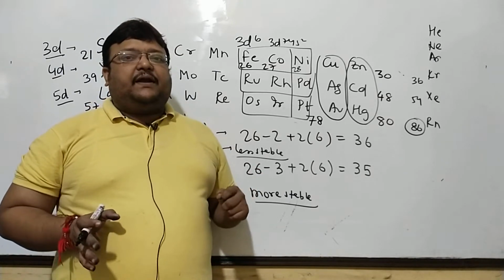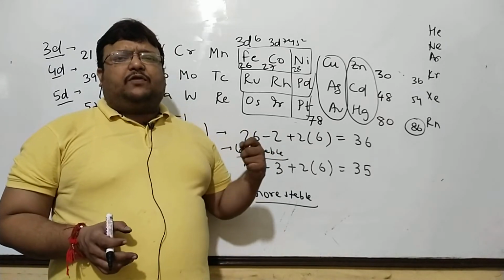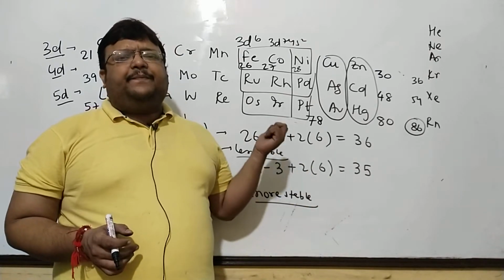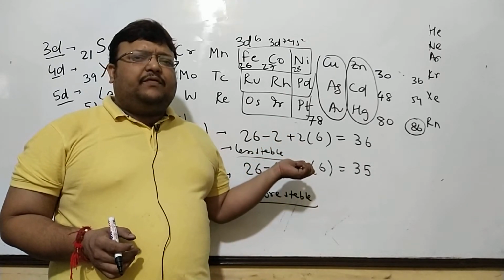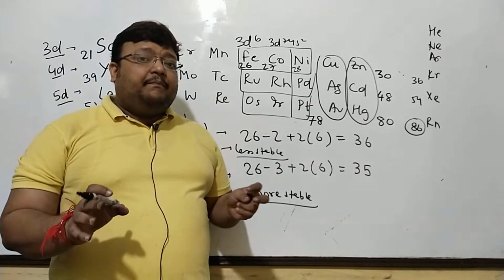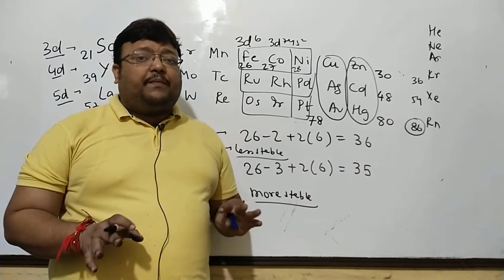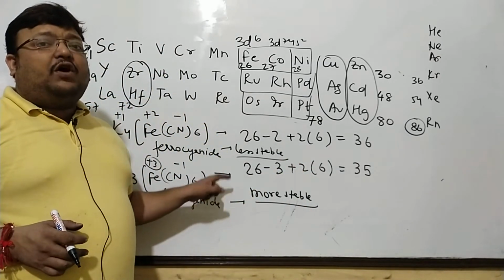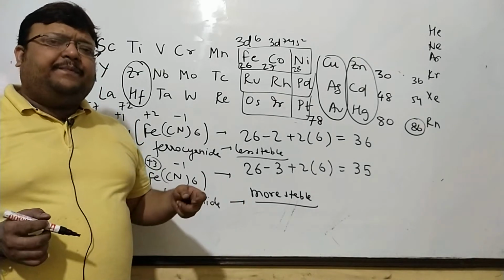It's not only a number game, but because for so many complexes this theory is working and it's very much in our syllabus, we'll want to learn everything about effective atomic number, but now we see a drawback of it. It's not becoming 36, it's becoming more stable.